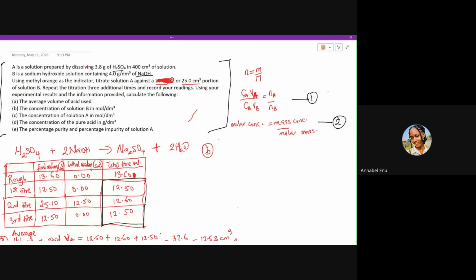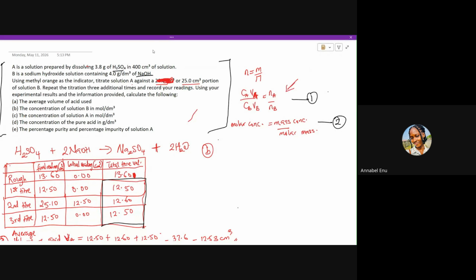So we need that value of Ca in mole per dm cube to be able to calculate Cb, concentration of base, in mole per dm cube. Because we don't know the concentration of the acid in mole per dm cube, we can't find that of base using this first formula.